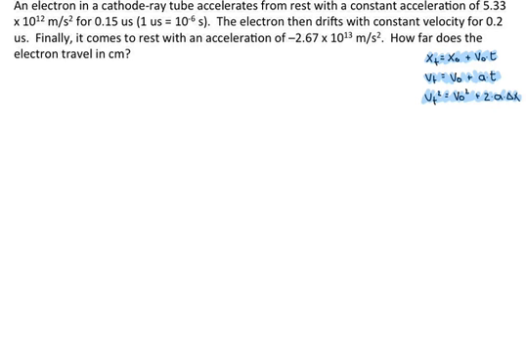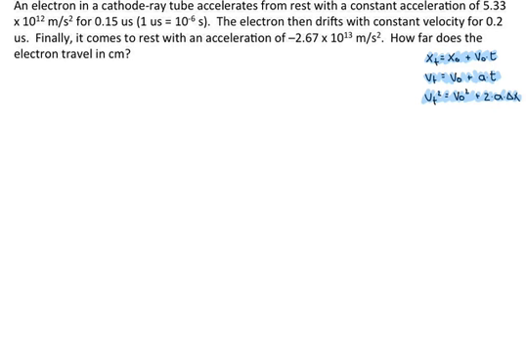Now, according to the situation depicted in this exercise, you have an electron which is first accelerating. After it accelerates for a given period of time, the electron is going to be drifting at constant velocity, and finally the electron will come to rest.